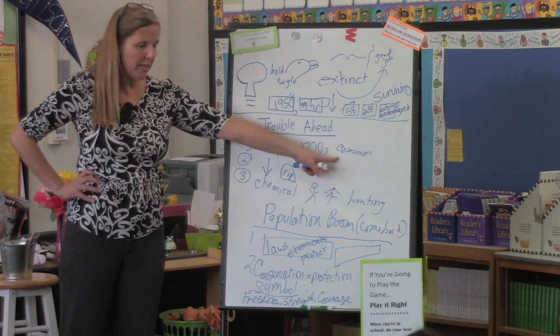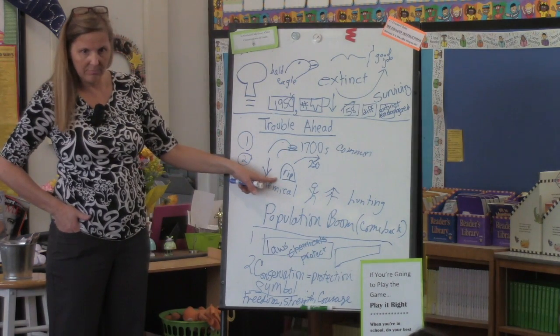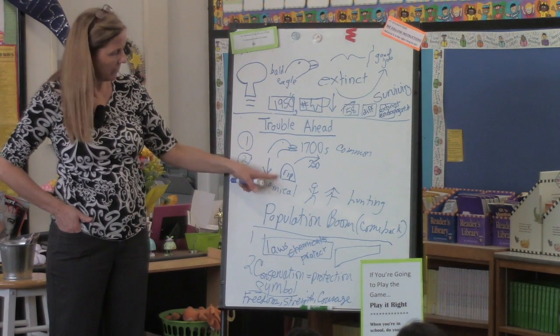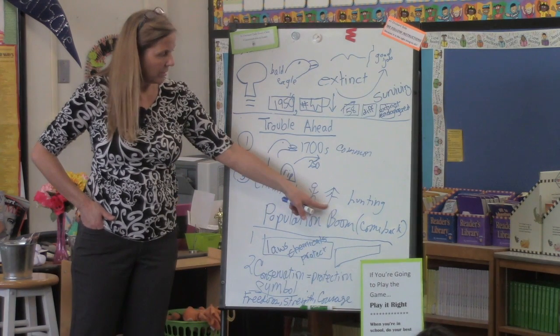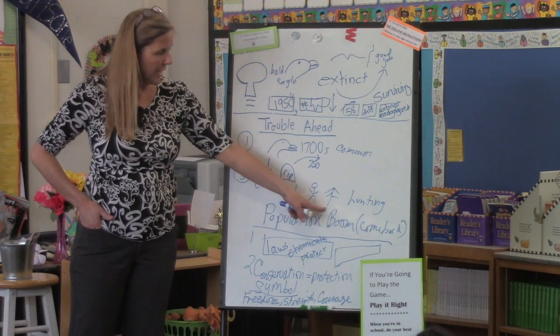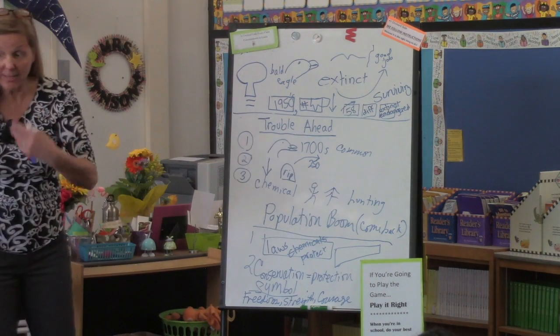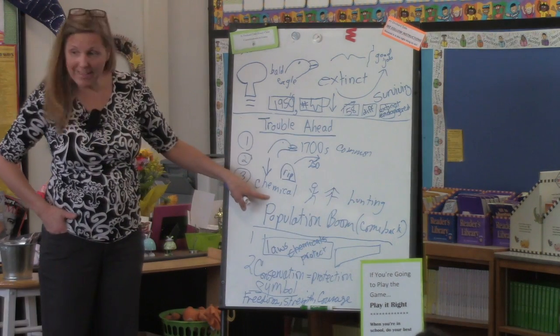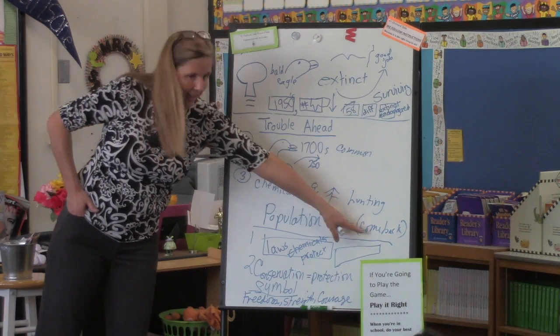In the 1800s, the bald eagle was a common bird, but over time, the population of the bald eagle dropped dramatically. The chemicals, people, and hunters. People doing what? People cutting down trees and hunters. Make sure you say it. Killed off most of the bald eagles.